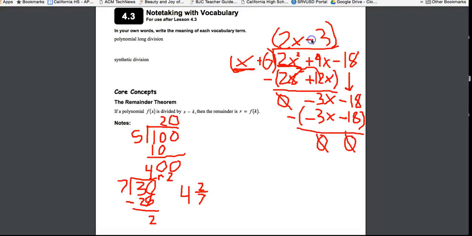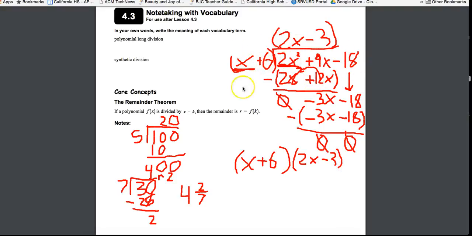Now, a way that you can check your answer: take your divisor, in this case x plus 6, and multiply it by your quotient, or your answer up here, so 2x minus 3. You should get your dividend right here.